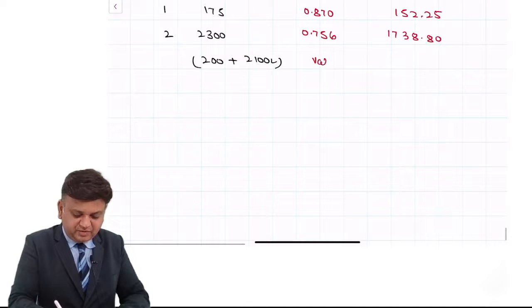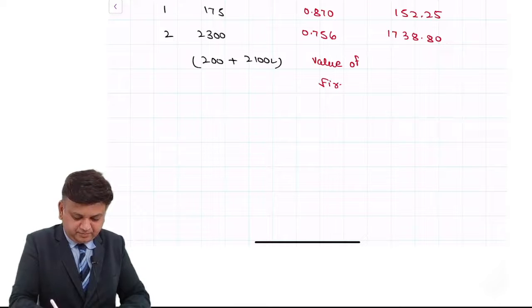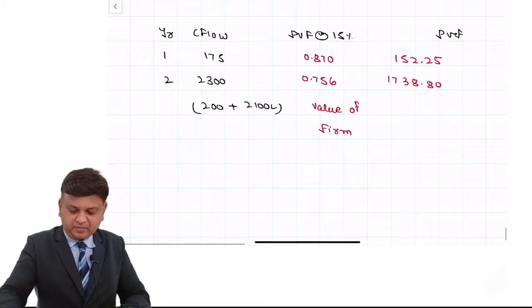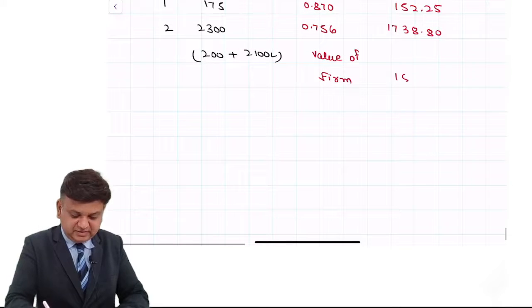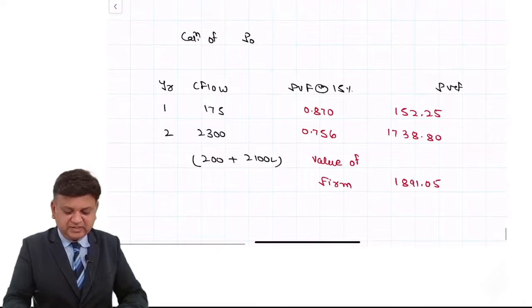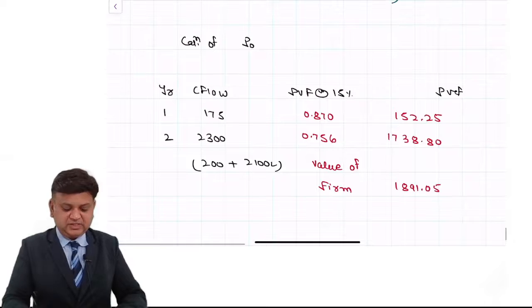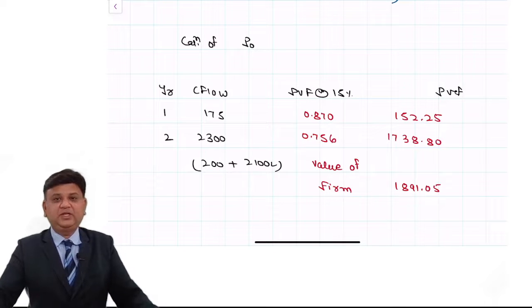And the total of both of them is the value of the firm, 1891.05 lakhs. Or we can say it is the value of Yes Limited, because Yes Limited has only equity as per the given information.